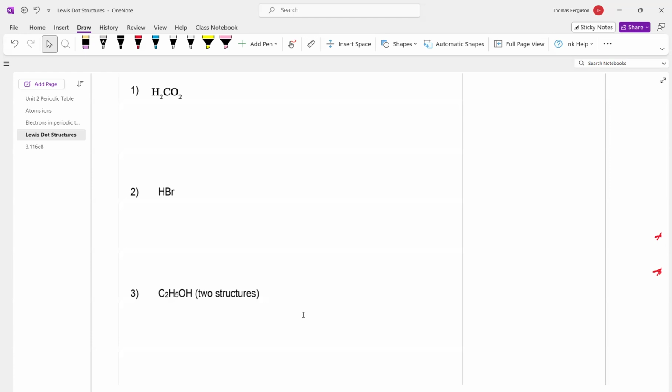This one is the same as the C2H5OH. Erase those two close together and make them two singles. Put another one below it, but not as a pair.